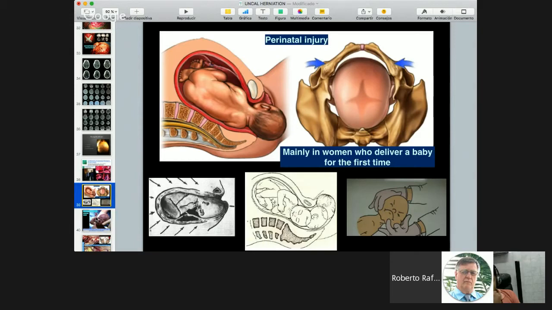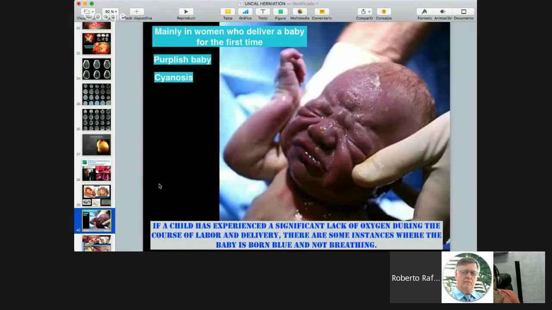This is if a child has experienced a significant lack of oxygen during the course of labor and delivery. There are some instances where the baby is born blue and not breathing, the purplish, cyanotic baby.